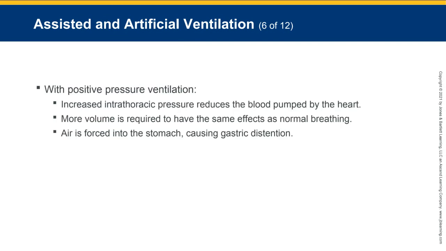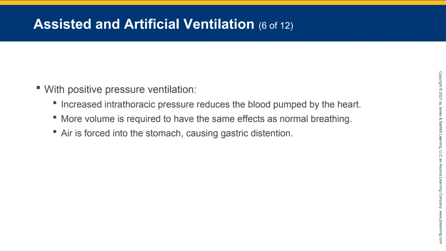Now, with positive pressure ventilation, when we breathe for a patient, whether it's a BVM, a pocket mask, or we're using CPAP, this is referred to as positive pressure ventilation. When positive pressure ventilation is initiated for a patient, it causes an increase in intrathoracic pressure, which reduces blood pumped by the heart.